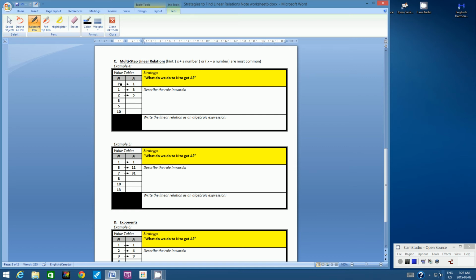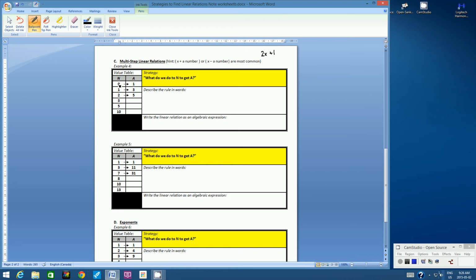If we multiply 0 by 2, we don't get 1, do we? Up here, it's nice to write down the strategies that you're using. So if we multiply by 2, that doesn't work. But what if we multiply by 2 and then add 1? Does that work?